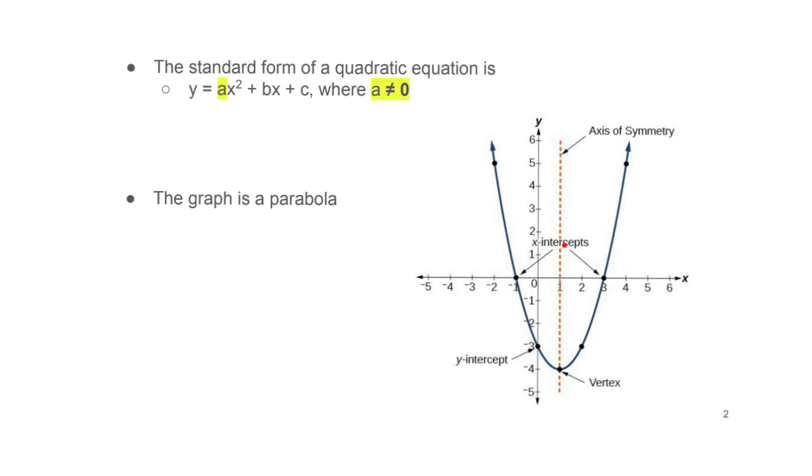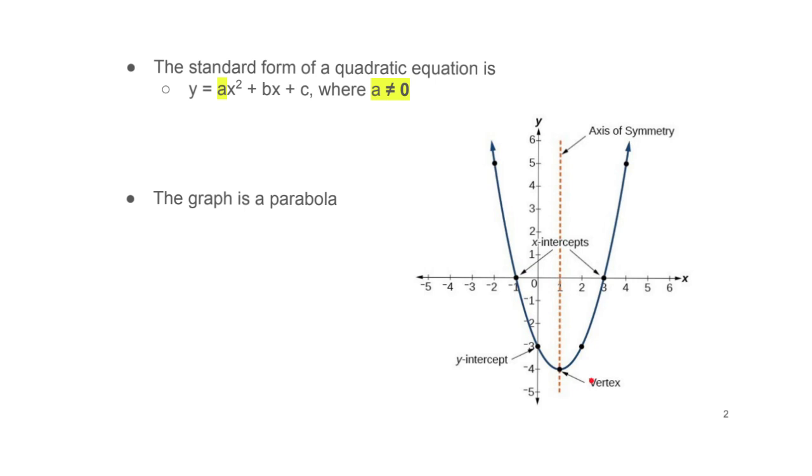The x-intercepts. Now, this is a parabola. So notice the x-intercepts is where the shape crosses the x-axis here. And since it's a parabola, it's going to cross it in 2 places. It's crossing here, and it's crossing here. So one of your x-intercepts is going to be negative 1. The other one's going to be a positive 3.